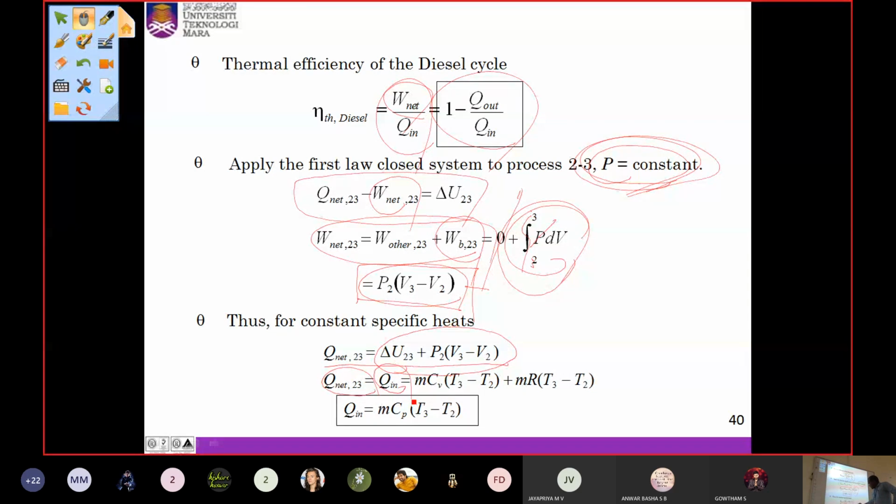So we have the final equation, where the change in internal energy will be m Cv delta T. The P delta V term can be written as m R into T3 minus T2. We already discussed these derivations, so you can go through that. So here we have m Cv T3 minus T2 plus m R T3 minus T2. We can take T3 minus T2 as common, and m is also common. Then we will get m Cp.